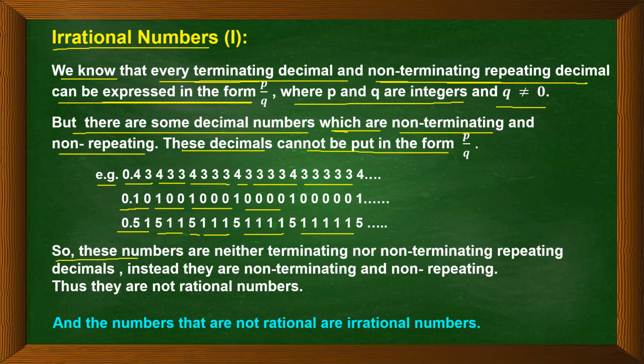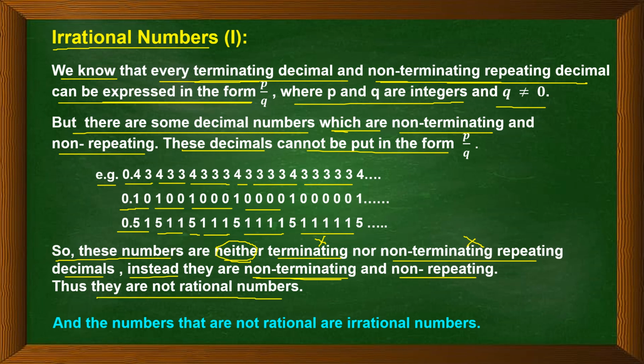So these numbers are not terminating, and they are not non-terminating repeating decimals. That means they are none of these which we have studied for rational numbers. Instead, they are non-terminating and non-repeating, right? That means they will not terminate, they will not repeat.